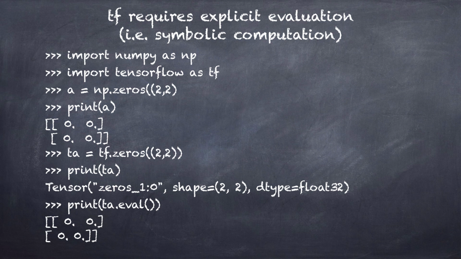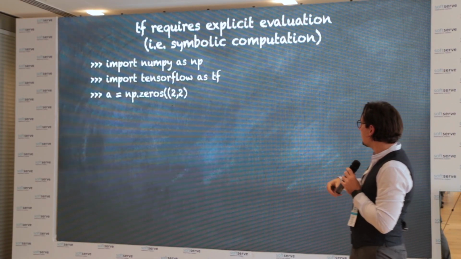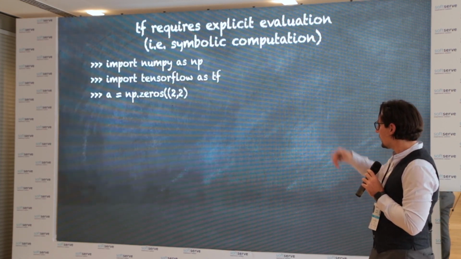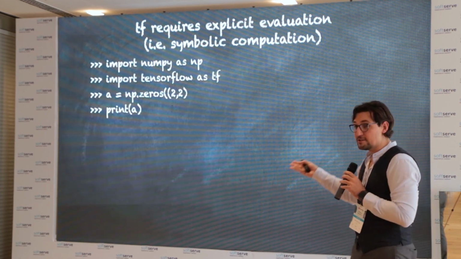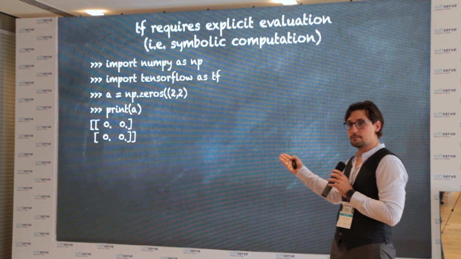So maybe if you're not very into it, you're not getting why you want to use TensorFlow instead of NumPy, for instance, apart from the GPU. Well, if you import NumPy and TensorFlow, and you create this 2 times 2 matrix of zeros, and you want to print it in NumPy, this is just Python and NumPy, this is what you get, right?